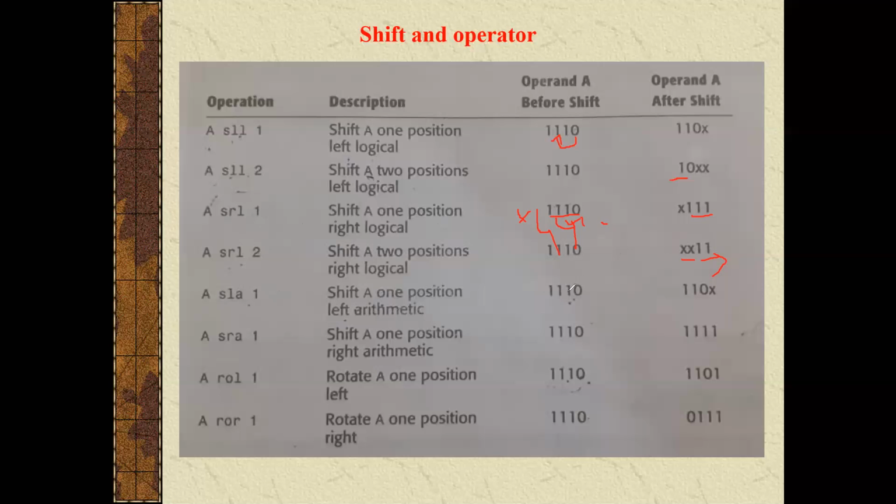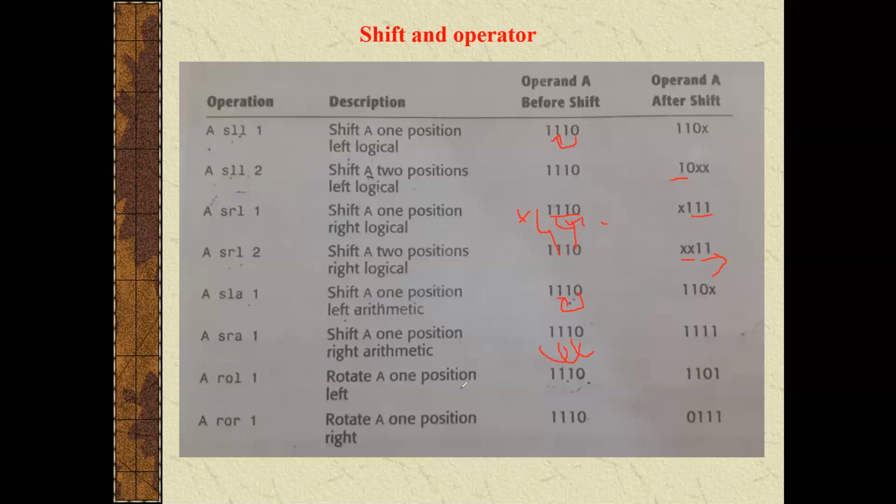So shift always 1 position left arithmetic; only 1 position will be shifted here. And SRA is shift 1 bit right arithmetic. Here 1 bit is going to shift to the right like this.